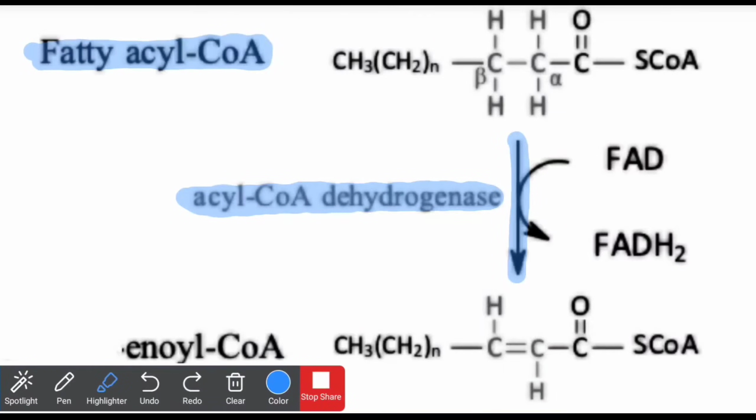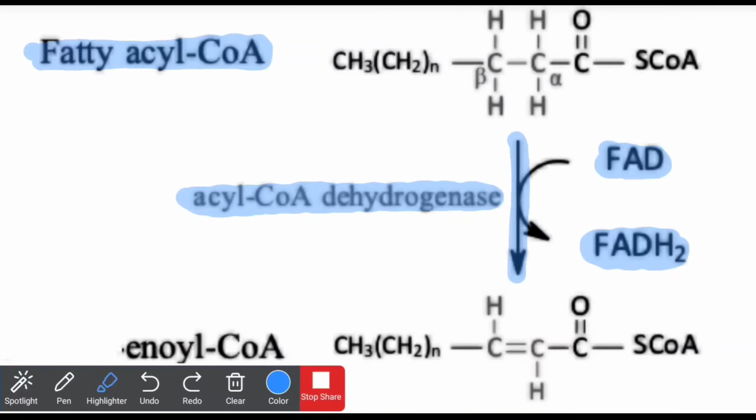It occurs at the alpha and beta carbon of the fatty acyl coenzyme A, catalyzed by acyl coenzyme A dehydrogenase in the presence of FAD. FAD is converted to FADH2 because dehydrogenation is occurring. Ultimately, the hydrogens evolved from this reaction are accepted by the FAD molecule, forming FADH2.